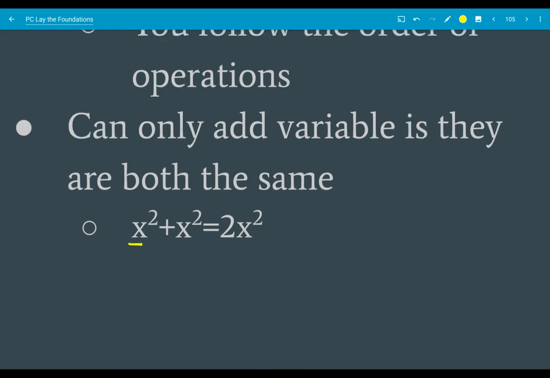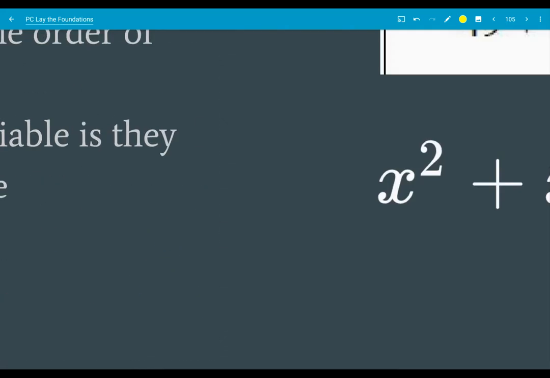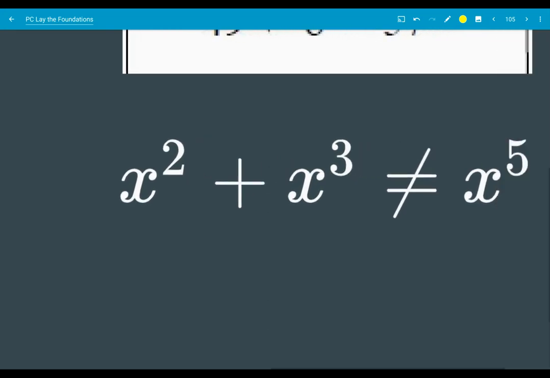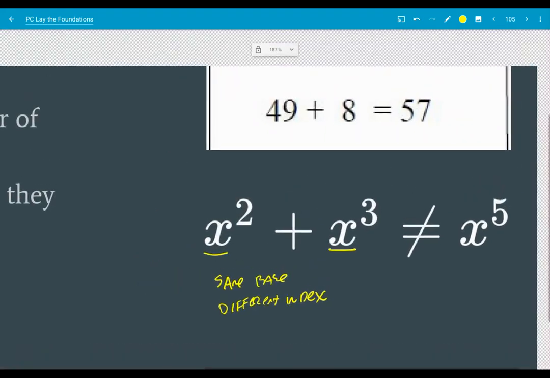Well, they have the same base and the same index, so we can add them together to get 2x squared. In our other example, x squared plus 3x, this is same base, but different index. So that does not equal x to the fifth.